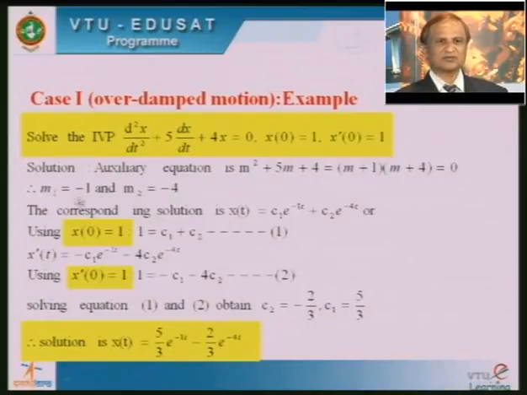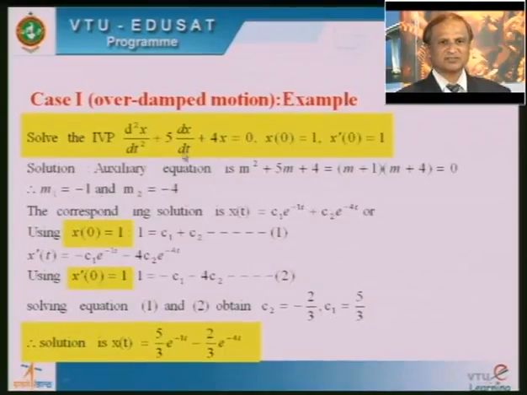That implies m is equal to minus 1, or m1 is equal to minus 1. Is it clear? Similarly, m plus 4 is equal to 0, that implies m2 is equal to minus 4. It means we can obtain two roots, because the given equation is a second order differential equation, namely minus 1 and minus 4. Is it clear?